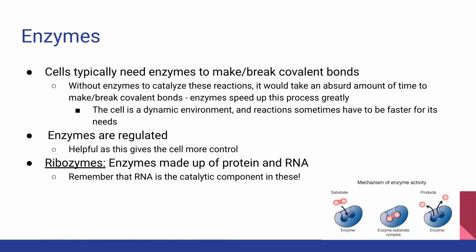So sometimes these reactions need to occur faster. And it's important to note that the cell has a mechanism of regulating these enzymes, so it gives it more control. And then an important one is ribozymes, and these enzymes are made up of RNA, and it's important to remember that it's the RNA itself that gives it the catalytic ability.